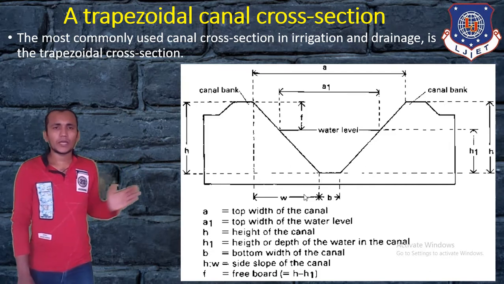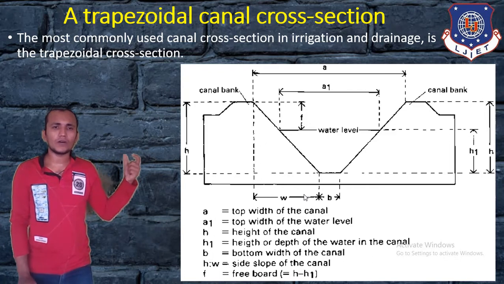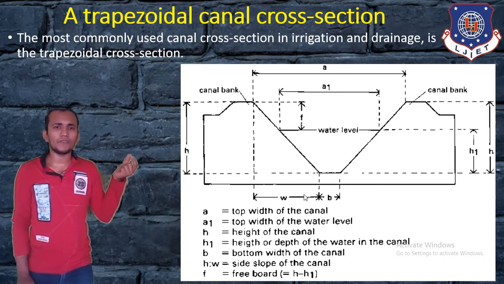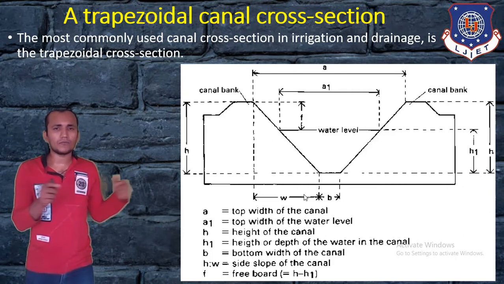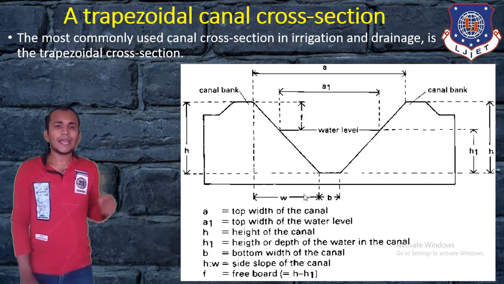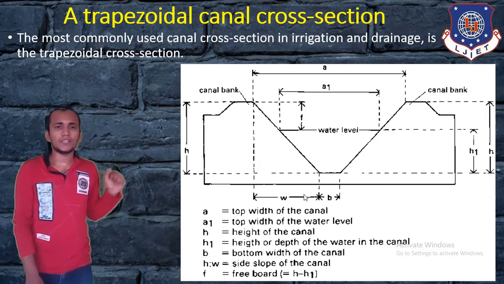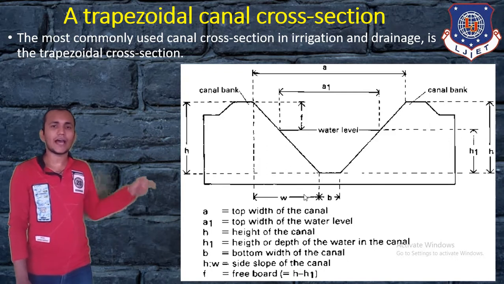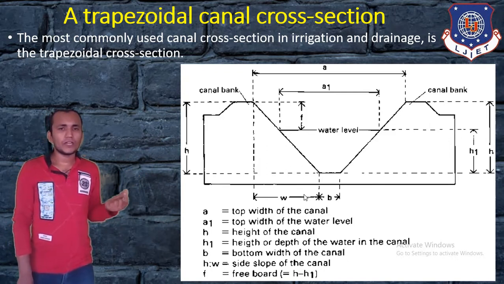In this figure you can see the depth of the canal, A, the top width of the canal. Then A1, that is the top width of the water level. Then H, that is the height of the canal, and H1, that is the height of the water level. And B, that is the bottom width of the canal.